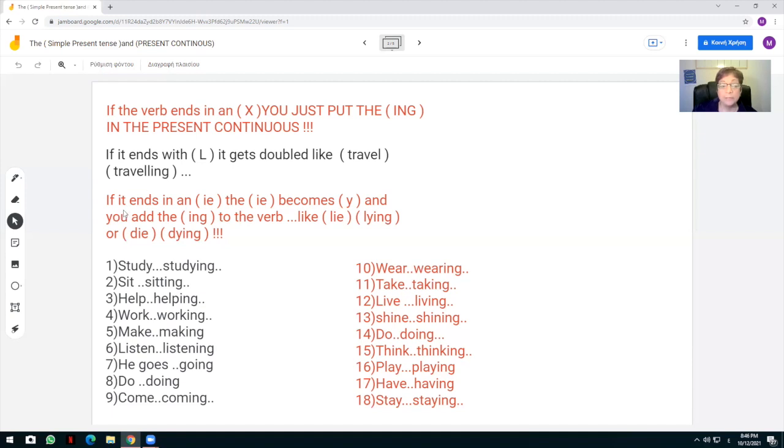And if the verb ends in an IE, the IE becomes a Y. You switch off the IE, there is no IE. You put a Y plus the ing to the verb. Like the verb lie, lying, die, dying.